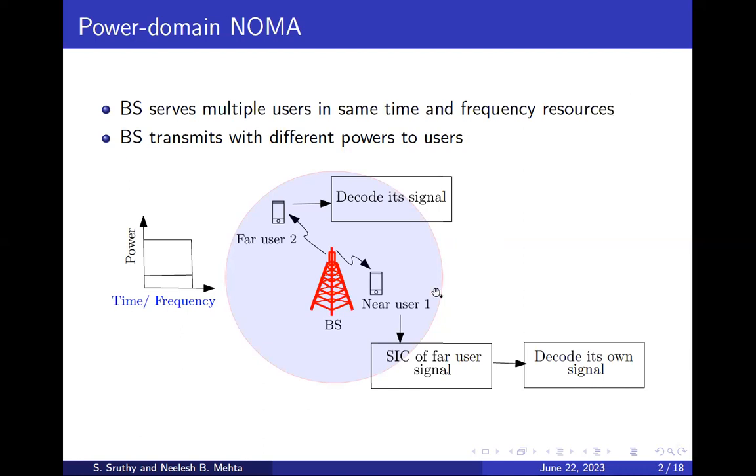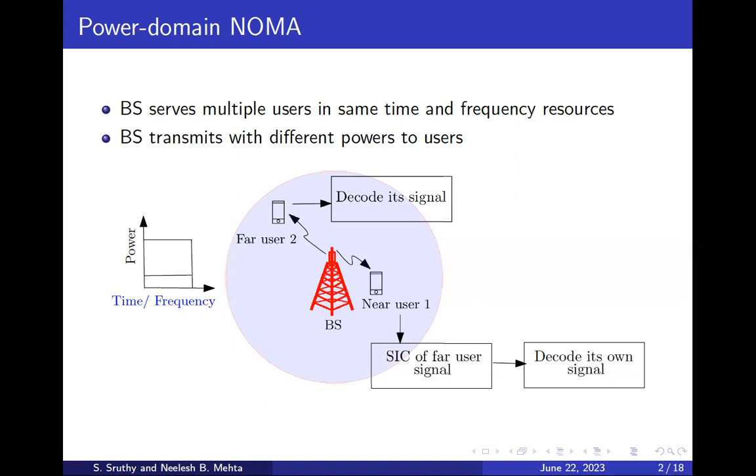Let's take an example of a downlink transmission with two users: a near user and a far user. The near user uses successive interference cancellation to remove the far user's signal, and after that it decodes its own signal without any interference, whereas the far user decodes its own data in the presence of interference from the near user.